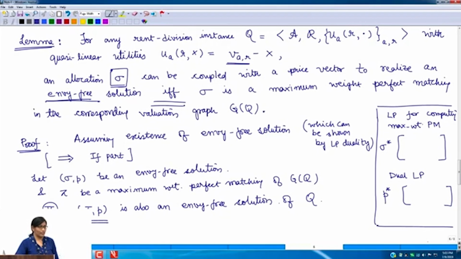It cannot be anything else. And give me a maximum weight perfect matching, I can always find a price vector so that the tuple sigma comma p would be an envy-free solution for the given instance Q.